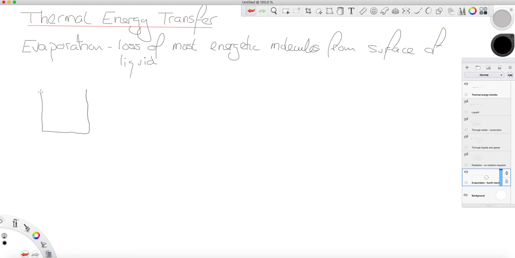Let's take the example of a cup of tea or something like that. So you have an average kinetic energy in here, which is reflected by a temperature of, let's say, 95 degrees centigrade.